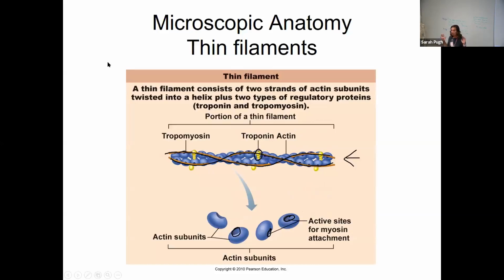So when you don't want a muscle contraction, the chastity belt is on and it's locked, and myosin cannot connect. But when you're ready for a contraction, these regulatory proteins actually shift and they move out of the way. Now the active site's open, myosin heads can latch on, and you can get a contraction. Okay? So these regulatory proteins just prevent you from having undesired contractions.